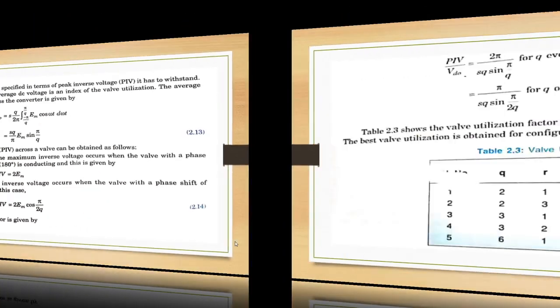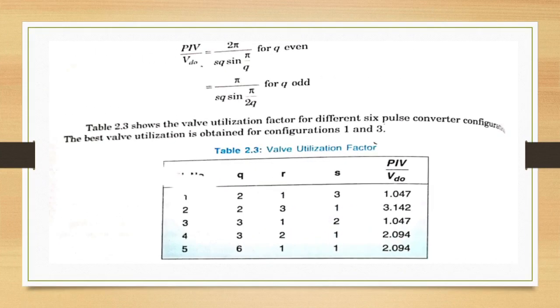So the valve utilization factor is given by PIV by VD0 equal to 2 pi by SQ sin pi by Q for Q even, and for Q odd it is equal to pi by SQ sin pi by 2Q. The table below shows the valve utilization factor for different 6-pulse converter configurations. The best valve utilization is obtained for configurations 1 and 3.